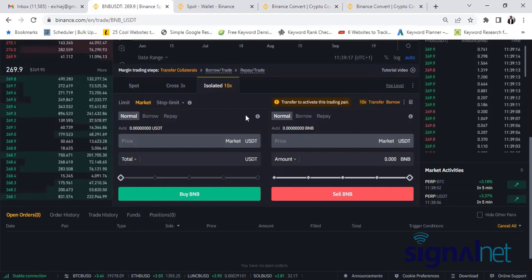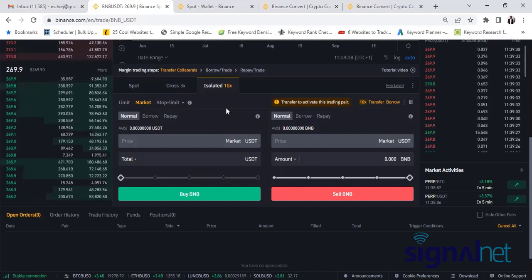You understand? But for spot investing, the money doesn't go. Instead, if you are losing, the value will be going down, but you don't have money disappearing.